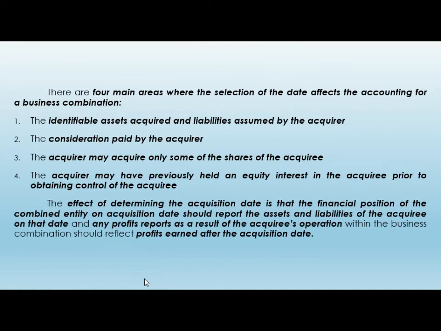So, the effect of determining the acquisition date is that the financial position of the combined entity on the acquisition date should report the assets and liabilities of the acquiree on that date. And any profits reported as a result of the acquiree's operation within the business combination should reflect profits earned after the acquisition date.